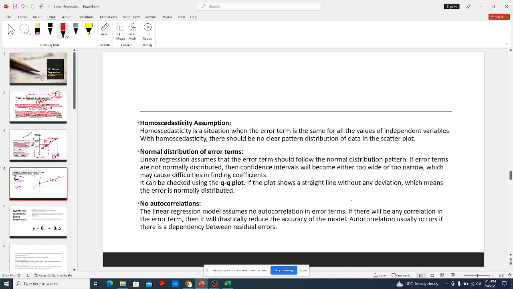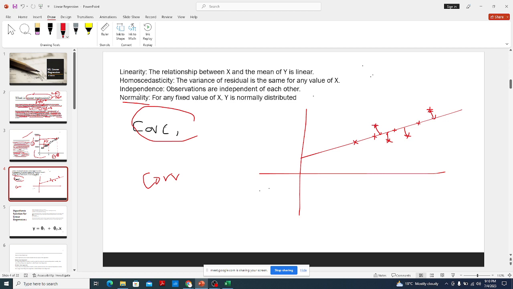So we have major assumptions: the linearity assumption, meaning there must exist a linear relationship between X and Y. Then we have homoscedasticity, where the variance of the residuals is the same for any value of X, meaning we are almost having the same distribution of our error term.